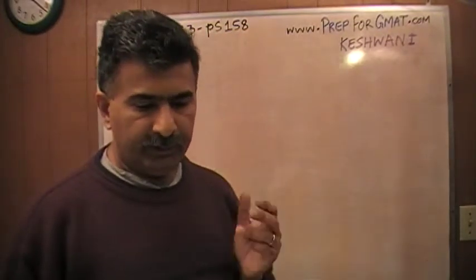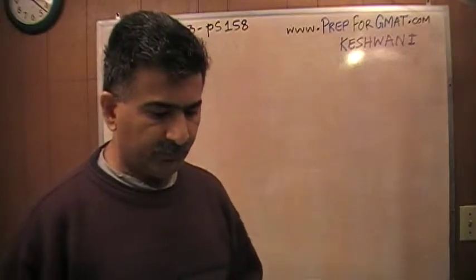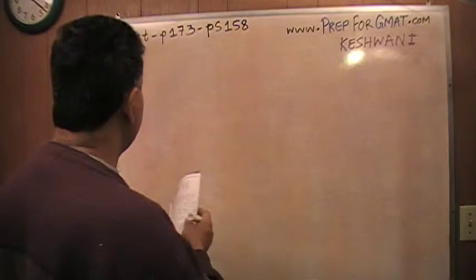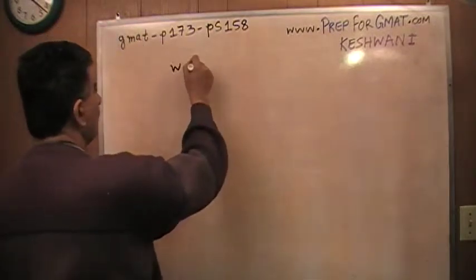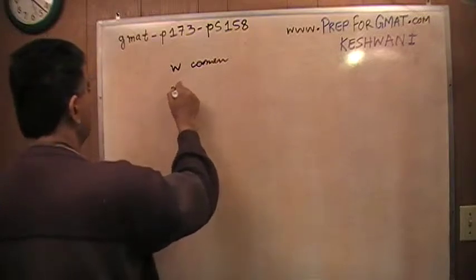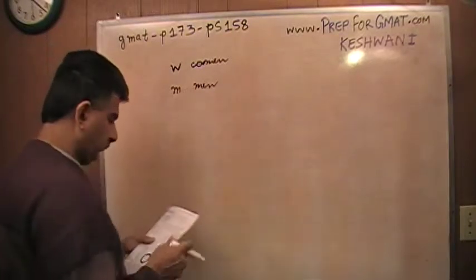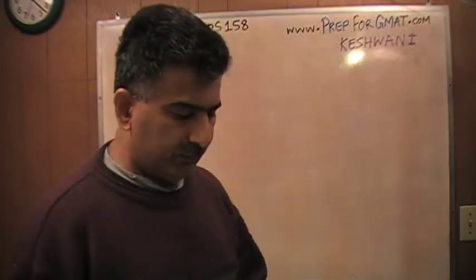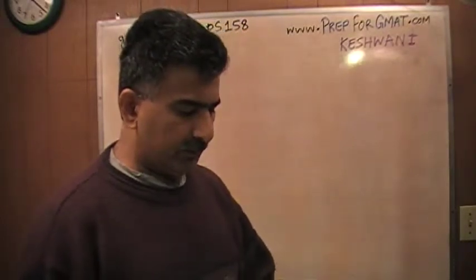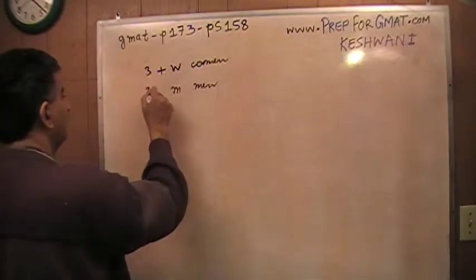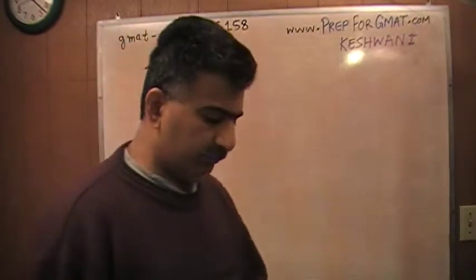It says that we have a certain committee which is made up of women and men. We are told that we have W women and M men. And then we are told that if 3 women and 2 men are to be added to the committee, this is what we are starting out with.